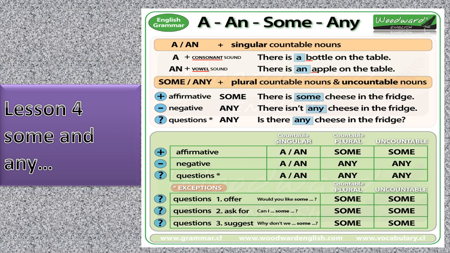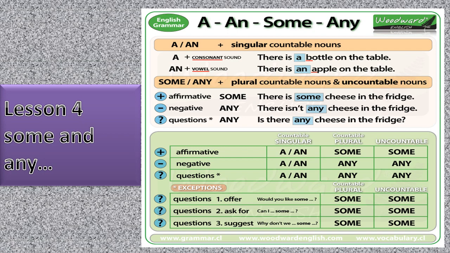Here is a small table to make it easy for us. Here we have affirmative, countable singular, a or an, and for the plural countable, some. And some with the uncountable.